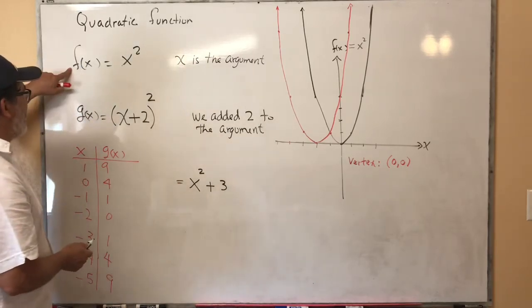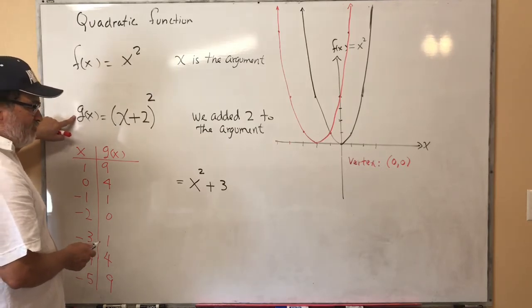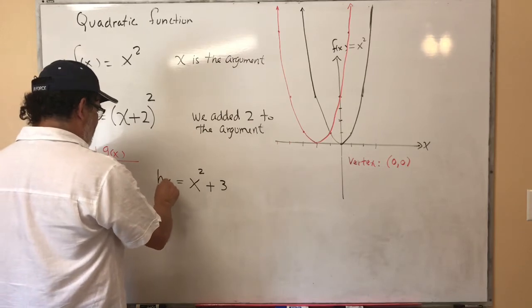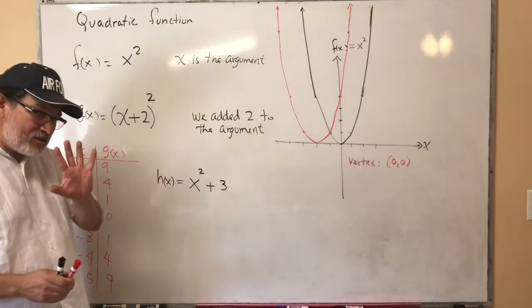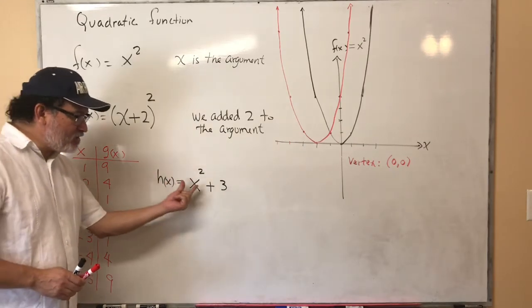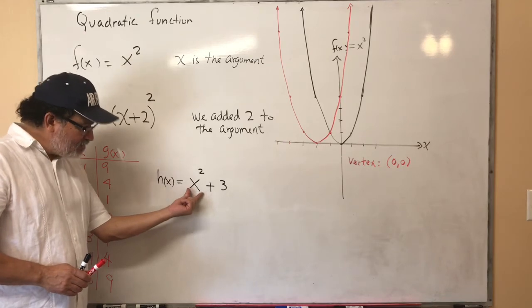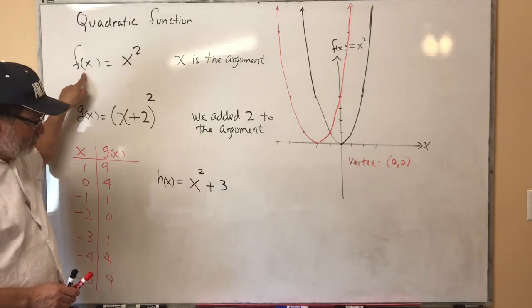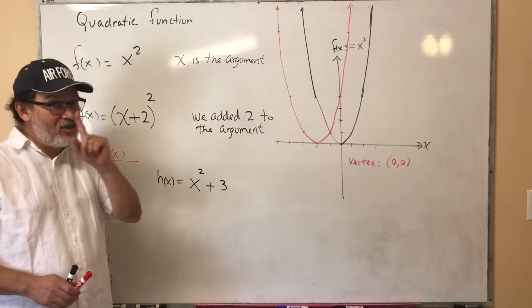Here I have f of x, the basic one, g of x, which is a horizontal shift, and let me call this h of x. Okay, watch this. You see this x squared? This is f of x. So here I'm adding 3 to the function, not the argument.